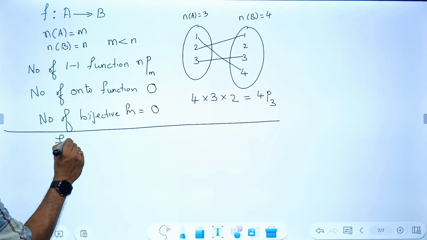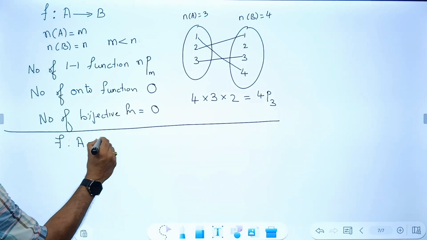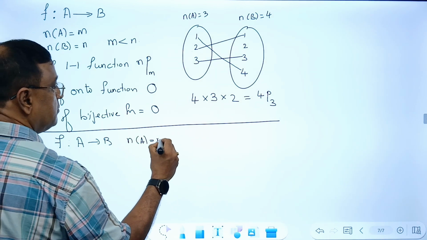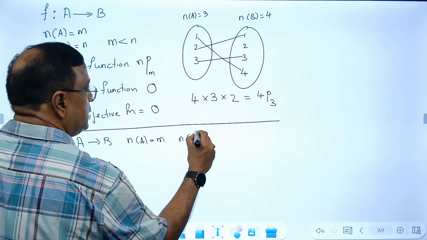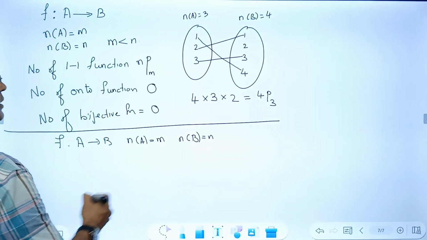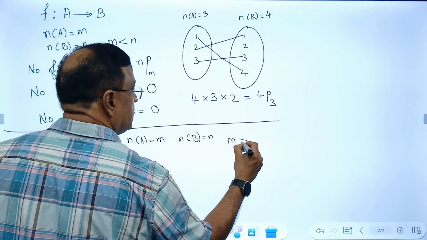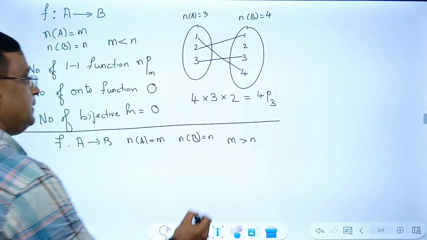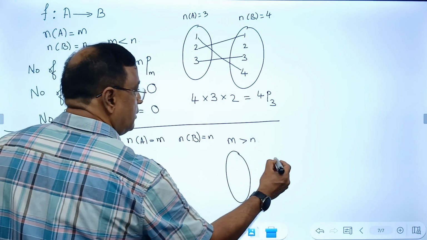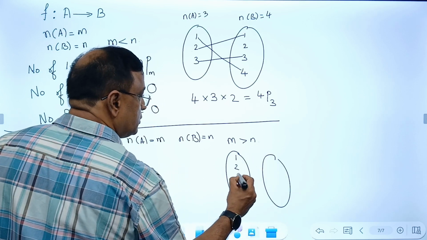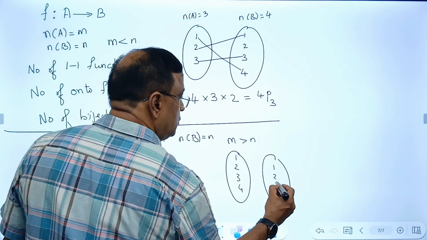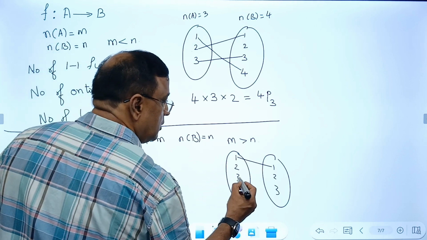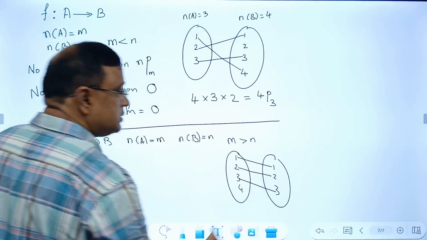F is a function from A to B where the number of elements in A is m and the number of elements in B is n, and clearly here m is greater than n. For example, if I have 1, 2, 3, 4 in A and 1, 2, 3 in B, what will be the number of one-to-one functions?